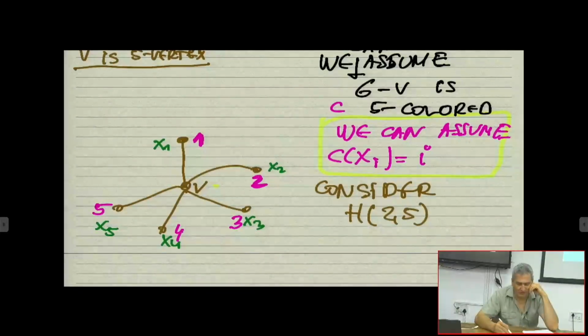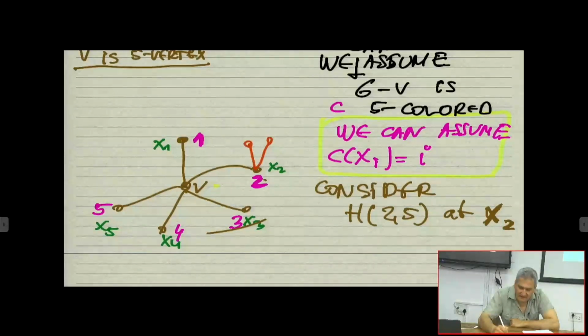What is important is that 2 and 5 are not consecutive around V when we go around vertex V, at vertex x2. So we're going to have something like here some vertices 5, then some vertices 2.